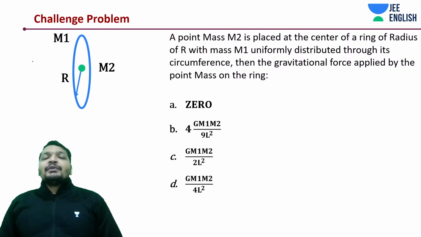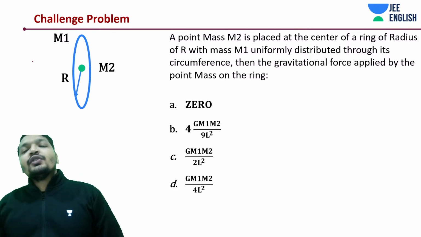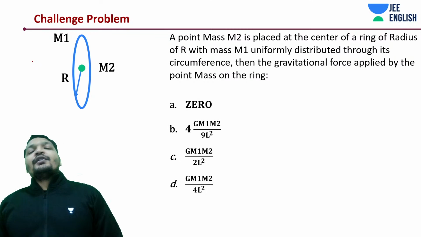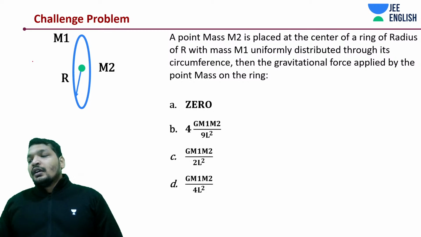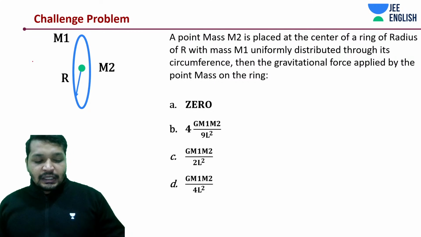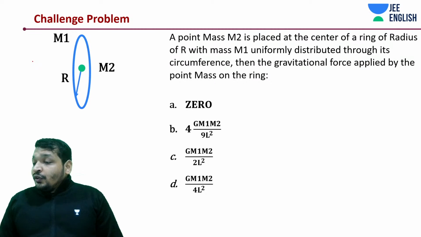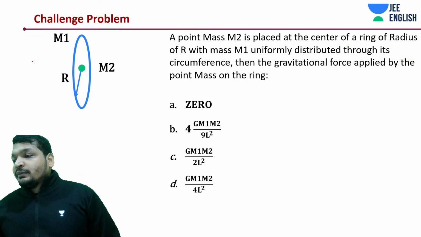The point mass M2 is placed at the center of a ring of radius r with mass M1 uniformly distributed throughout its circumference. Then the gravitational force applied by the point mass on the ring is how? Now comes the question, how do you work around these kinds of problems? Any guesses what the answer should be? How do you move about this problem?